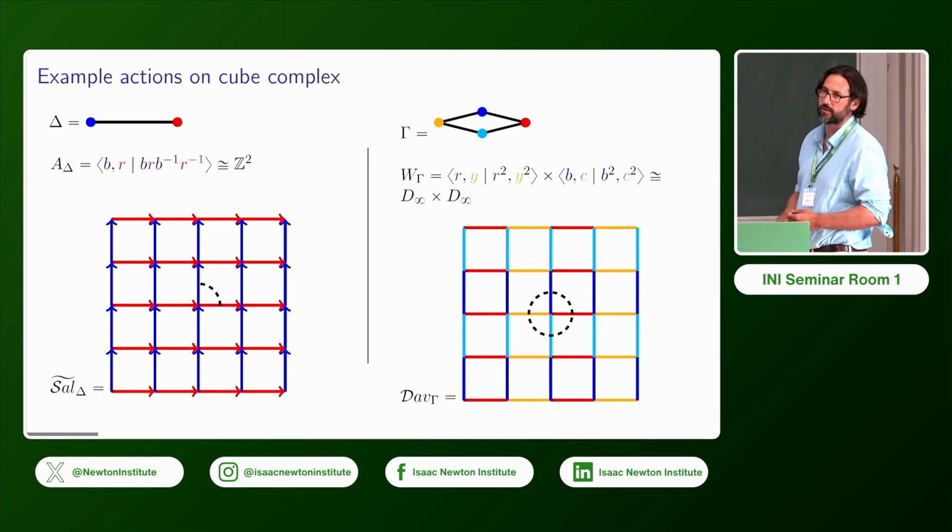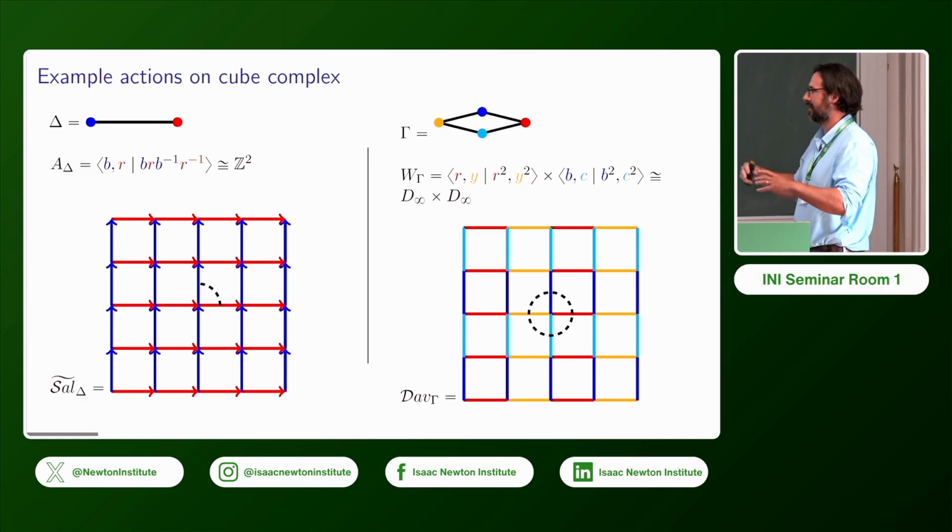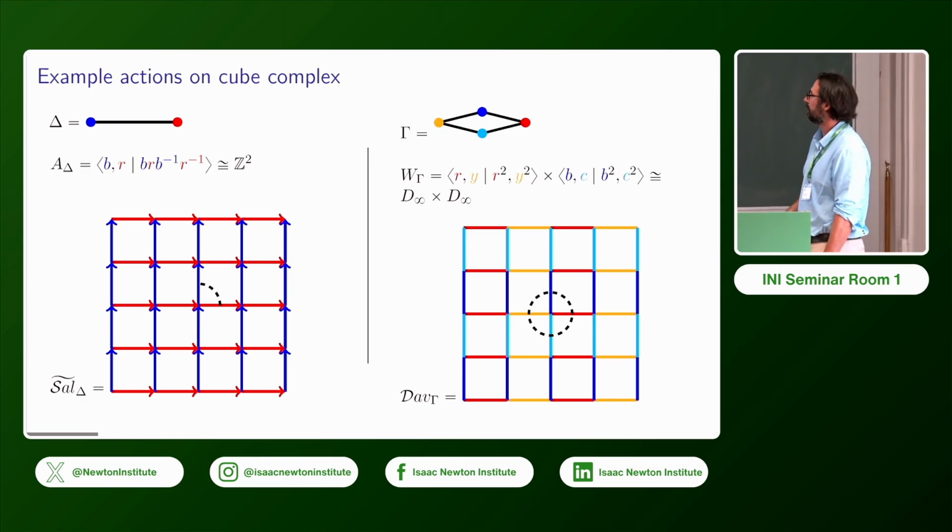So this group's a direct product of 2 infinite dihedral groups. And the Davis complex is, again, the square tiling of the Euclidean plane. And the link of a vertex here is the full circle, which is this graph. And on the right-angled Artin group side, you just look at the outgoing edges, and the link connecting them is this graph that we started with.